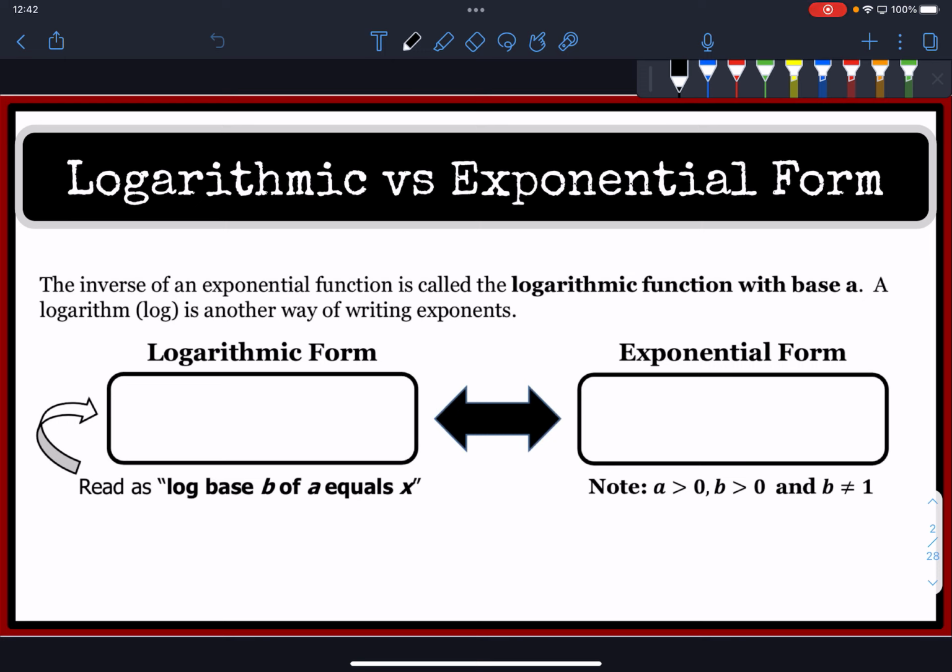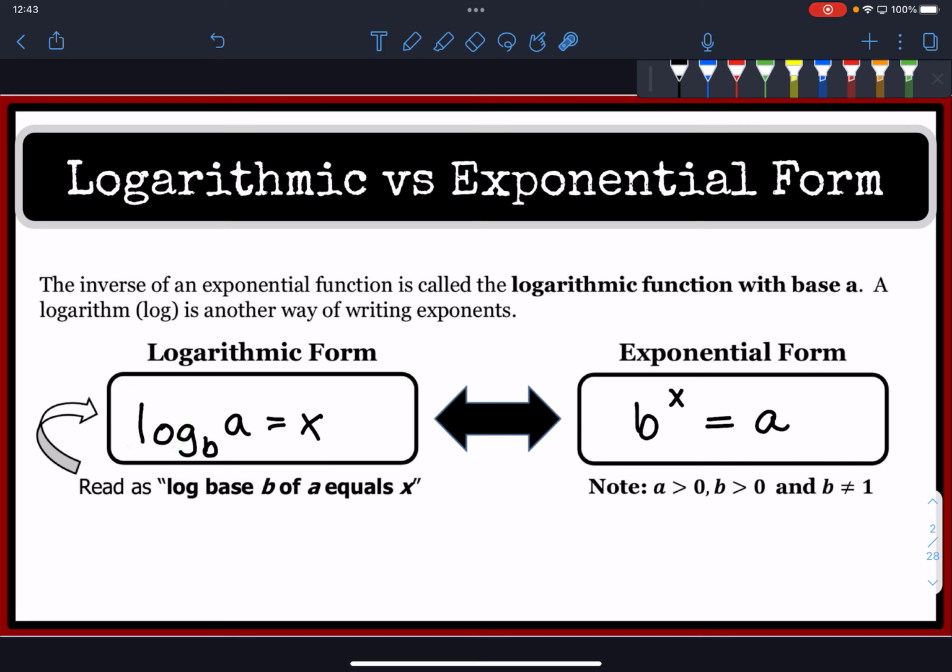So for example, if I have the log base b of a equal to x, as that's the way it's read, this is equivalent to taking this base b, raising it to the power of x, and it's going to equal this value of a. So what we're essentially doing is simply writing this exponential equation using the notation of log. They're again equivalent to each other.